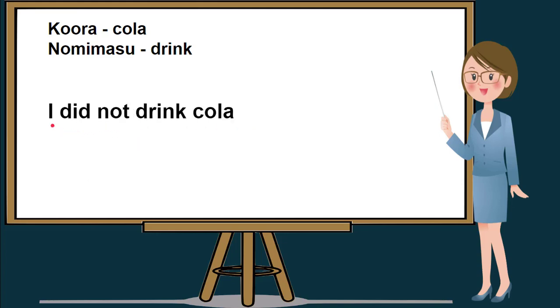Your next sentence is I did not drink cola. Please translate this in Nihongo using the following words. I'll be giving you 5 seconds once again to state your answer. And your 5 seconds starts now.